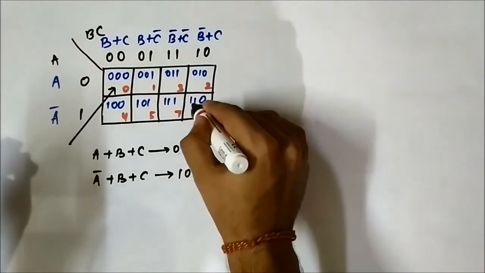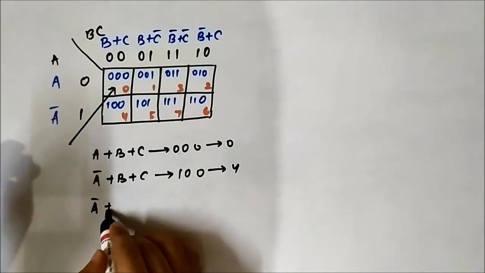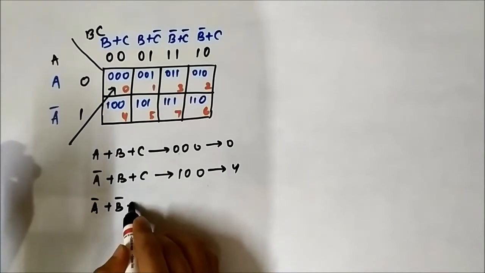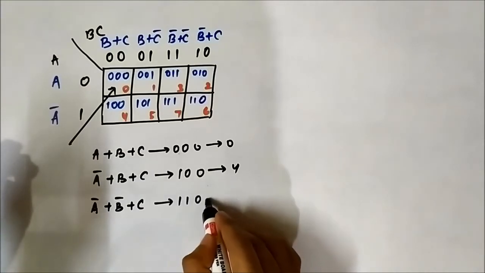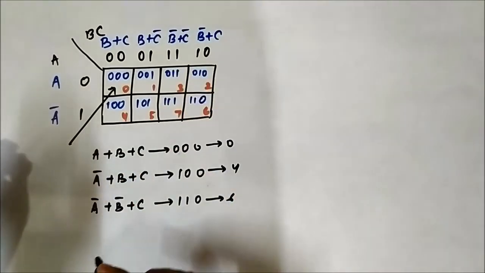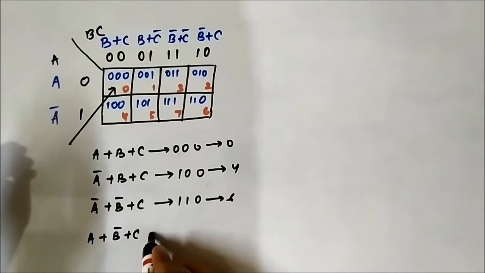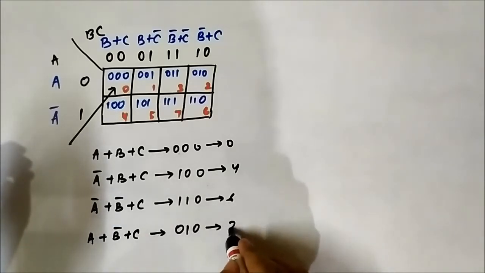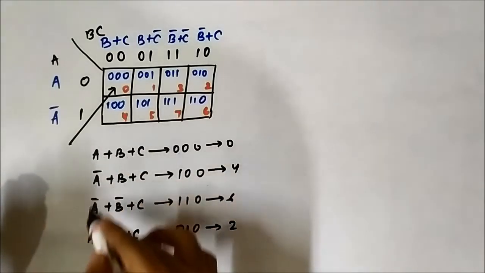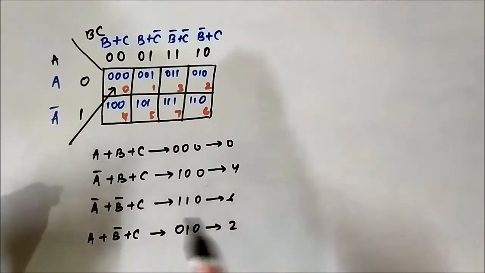Similarly, this cell is represented as A bar or B bar or C, which is 1 1 0. This cell stands for A or B bar or C, which is 0 1 0, which is 2, and so on. This is max term representation, product of max terms, POS.